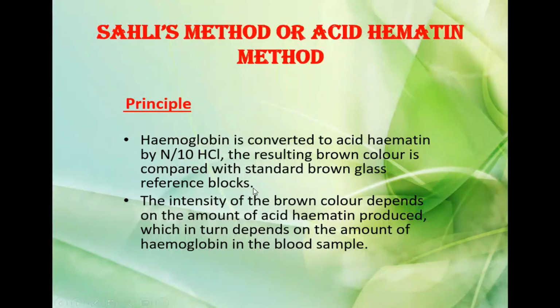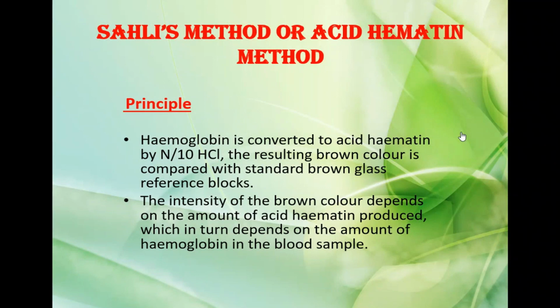So we have a reference block, and the reference block will be compared with this sample. If it is still darker than the standard, then we dilute again, adding some more.